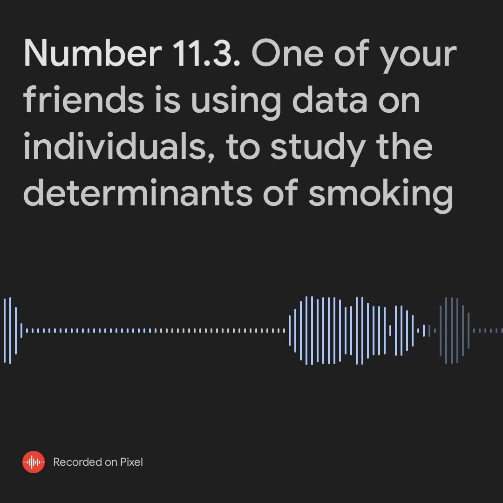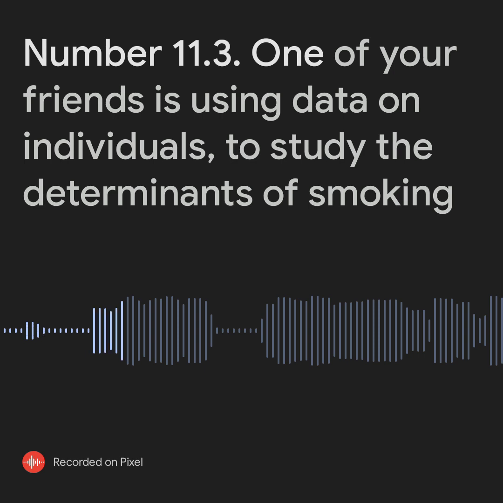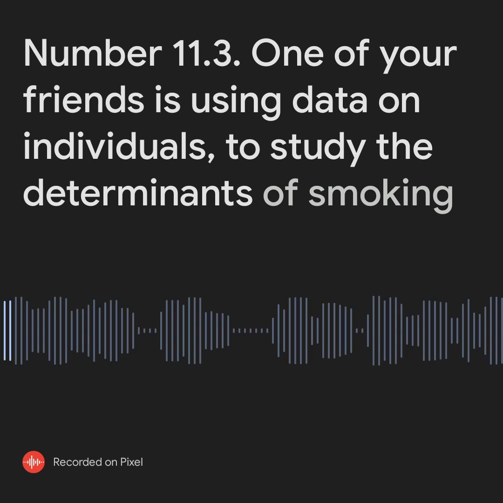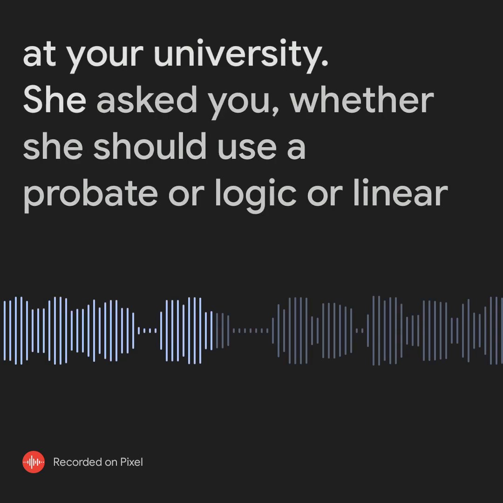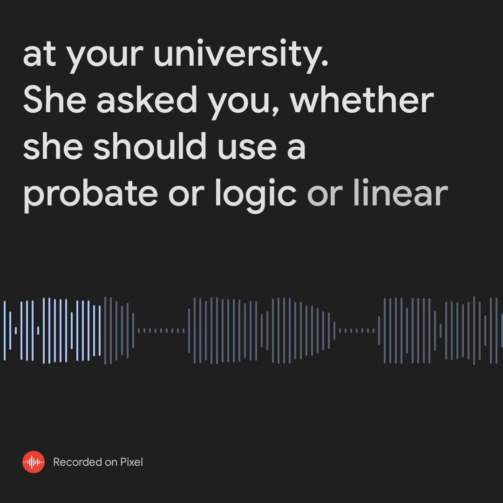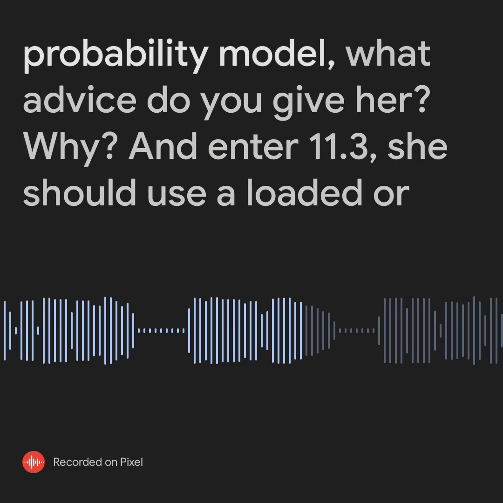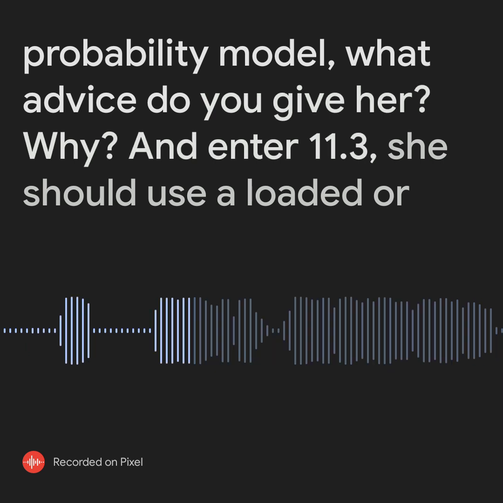Number 11.3. One of your friends is using data on individuals to study the determinants of smoking at your university. She asks you whether she should use a probit or logit or linear probability model. What advice do you give her? Why? Answer 11.3.